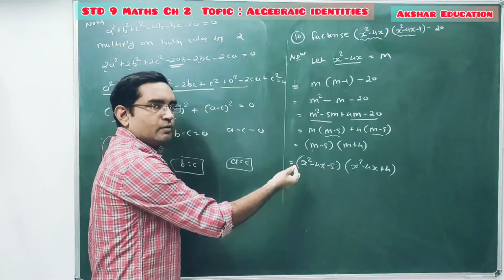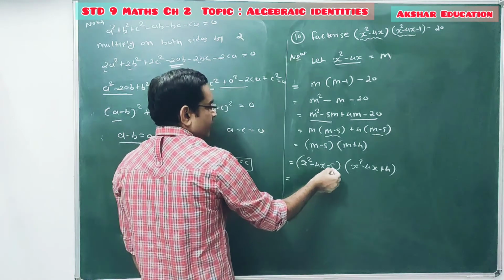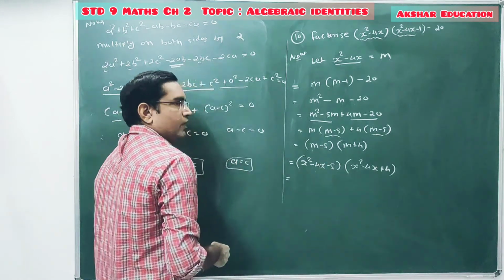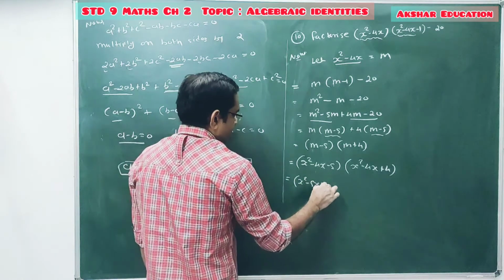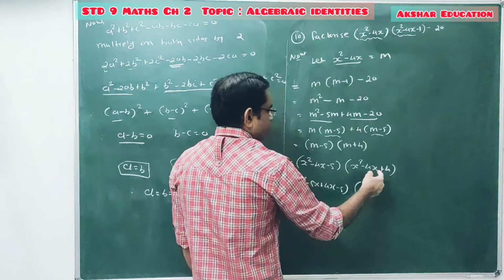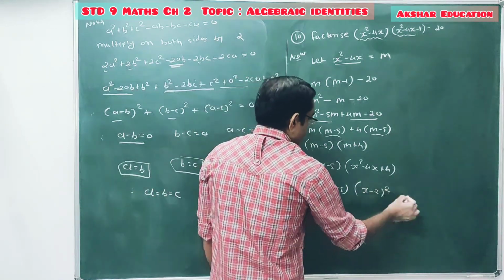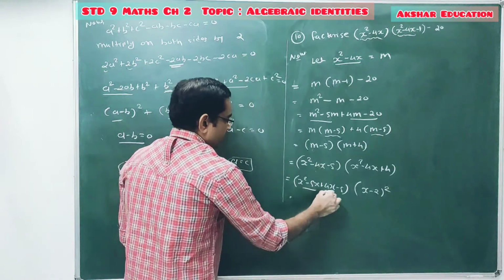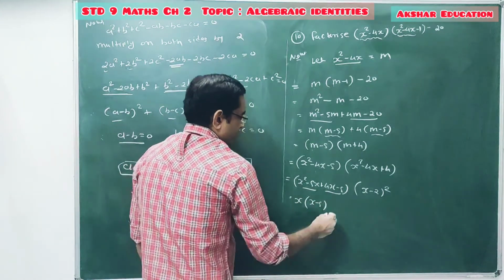Again this is a quadratic polynomial. Again you have to factorize it. So again split the middle term. Factors of 5 whose subtraction is 4. 5 ones are 5. So it's x square minus 5x plus 4x minus 5, and this one is factor of 4. This is a perfect square trinomial.